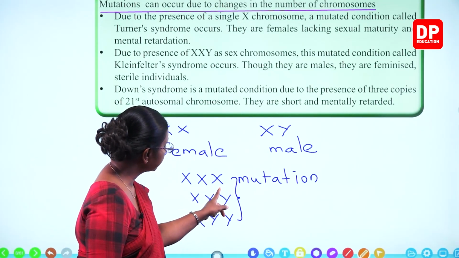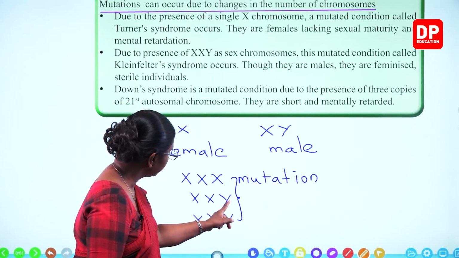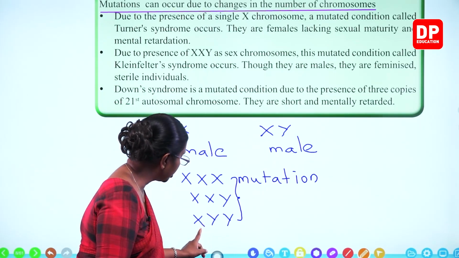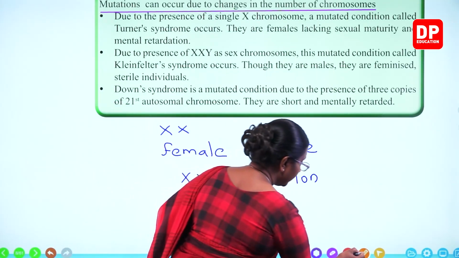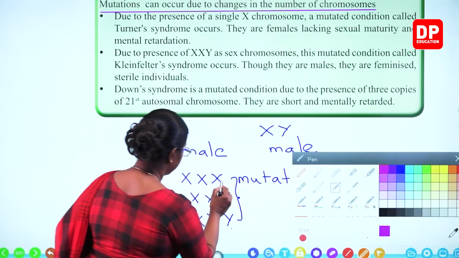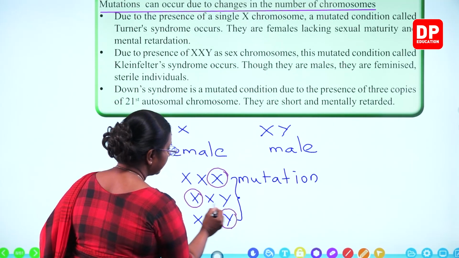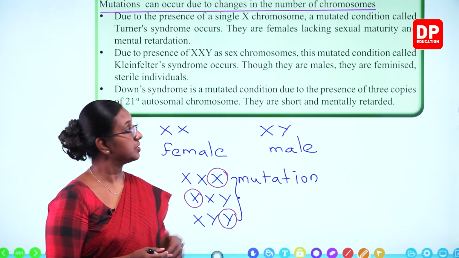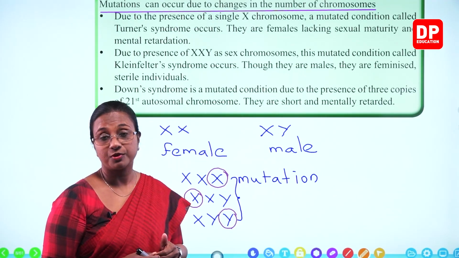In addition to XX, there is an additional X chromosome. In addition to XY, there is an additional X chromosome. In addition to XY, there is an additional Y chromosome. So these are additional chromosomes, more number of chromosomes. Mutation, that is the change in the number of chromosomes.